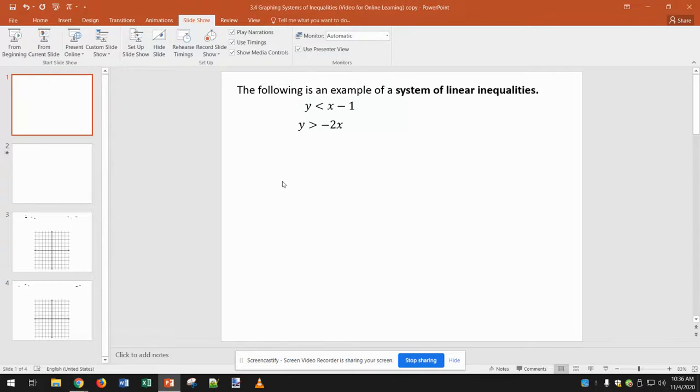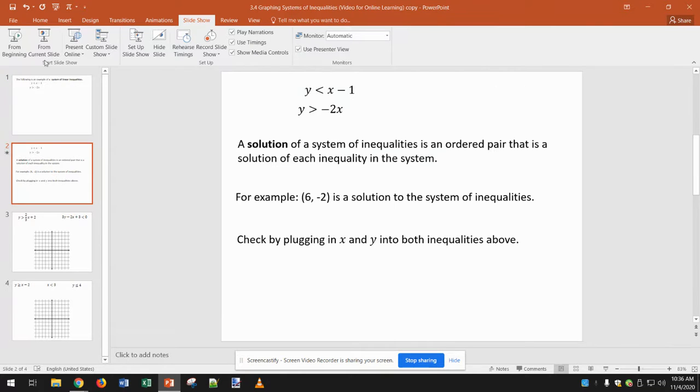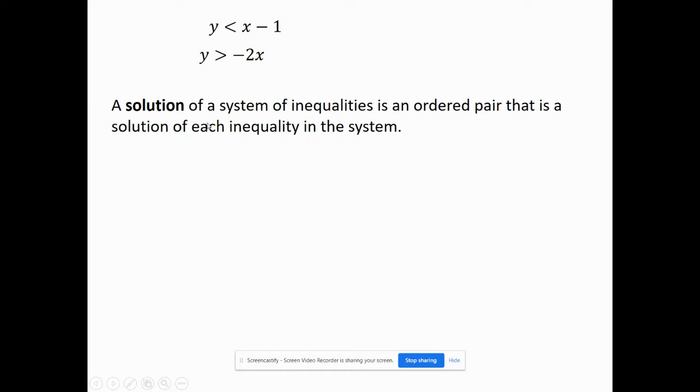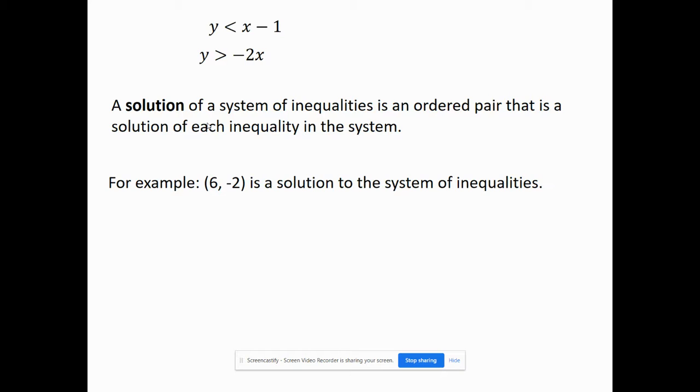So we could look at the same thing algebraically. Here's the ordered pair (6, -2), and we could just plug it in individually to each one. So -2 for y is less than 6 minus 1, and we see -2 is less than 5. So that's a solution.